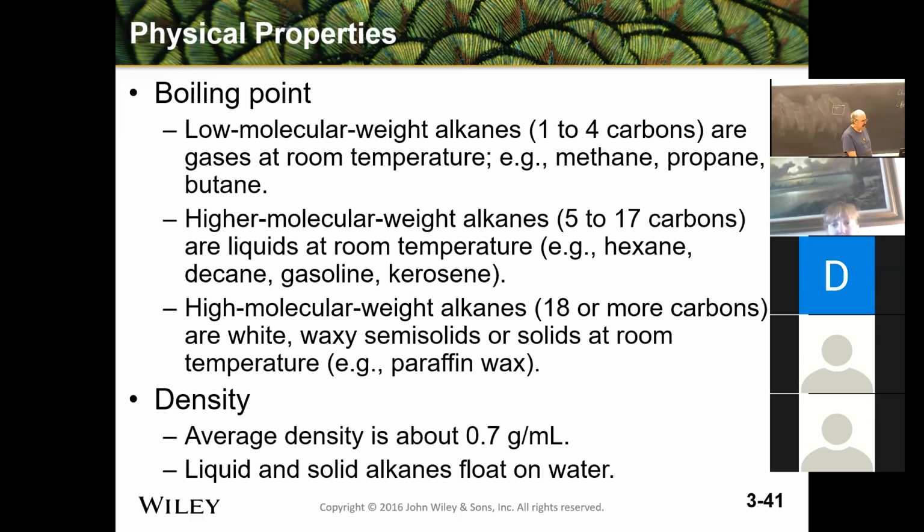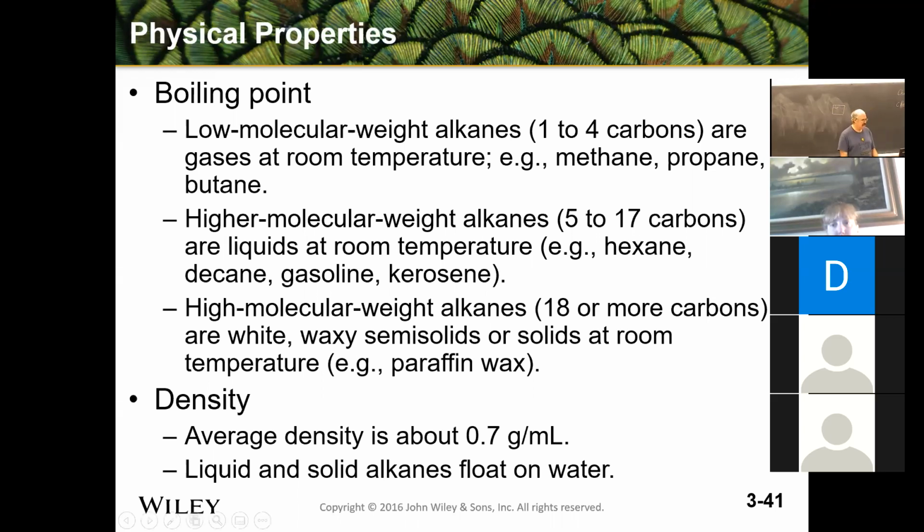The higher molecular weight alkanes, 18 or more carbons, are white, waxy semi-solids at room temperature, and they represent such products as paraffin wax and petroleum jelly.